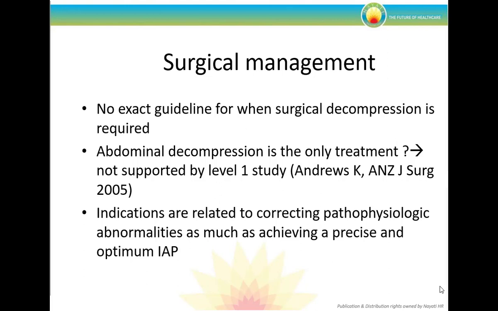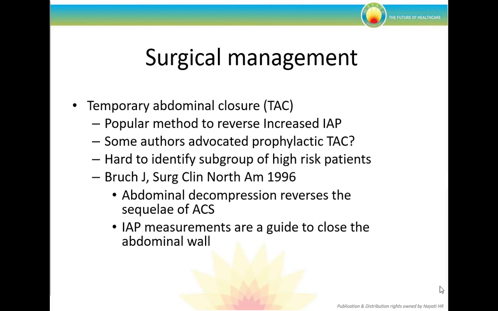So there are no exact guidelines on when to intervene. So it's a clinical decision. Abdominal decompression is the only treatment, but it's not supported by a level 1 study. Indications are related to correcting pathophysiological abnormalities and achieving optimum intra-abdominal pressures.